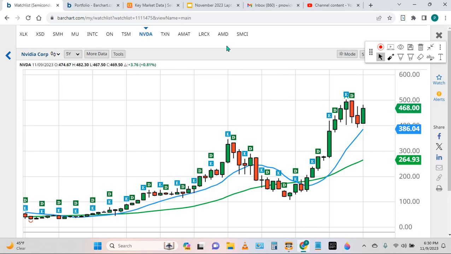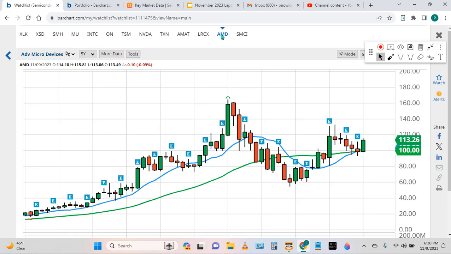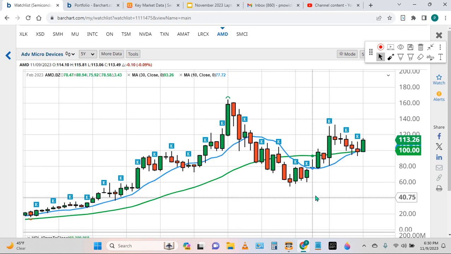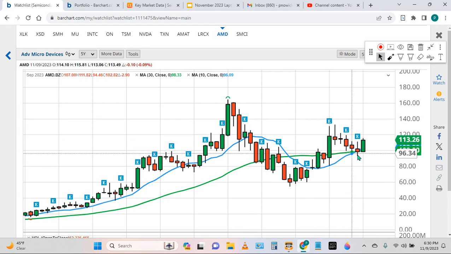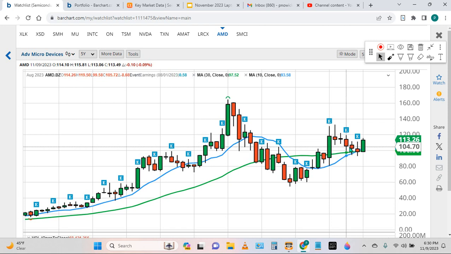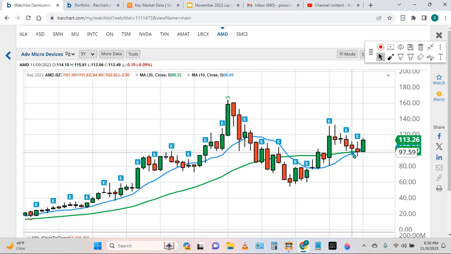And so that's an area where if you had been watching, you could have participated in that price appreciation. And then we can look at some others that have followed NVIDIA and the semiconductor market up. One would be AMD, not as strong as NVIDIA, but presenting on this monthly chart a buying opportunity, I think, in AMD, right?